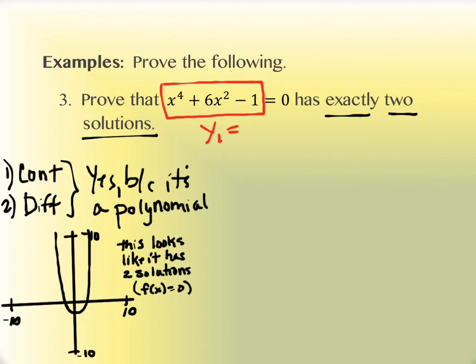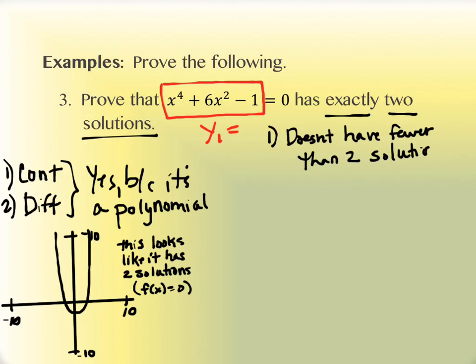We need to show, though, that it really doesn't have any more than that. Having exactly 2 means that it has to have 2 and no more, and also no fewer. So we need to show 2 things. Number 1, that it doesn't have fewer than 2 solutions.